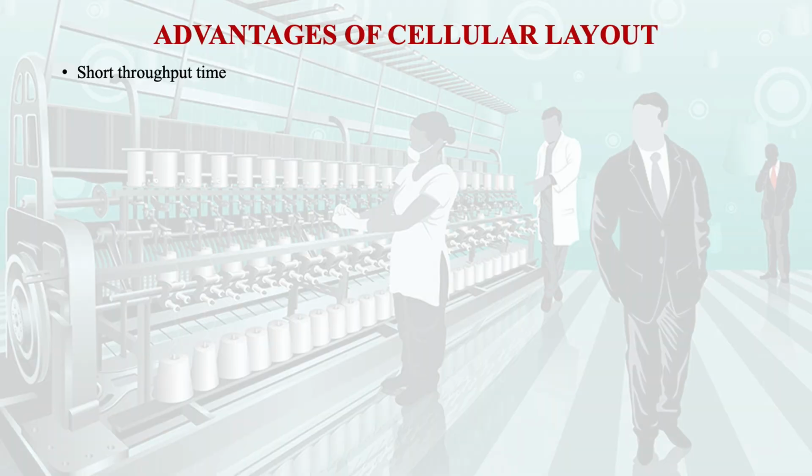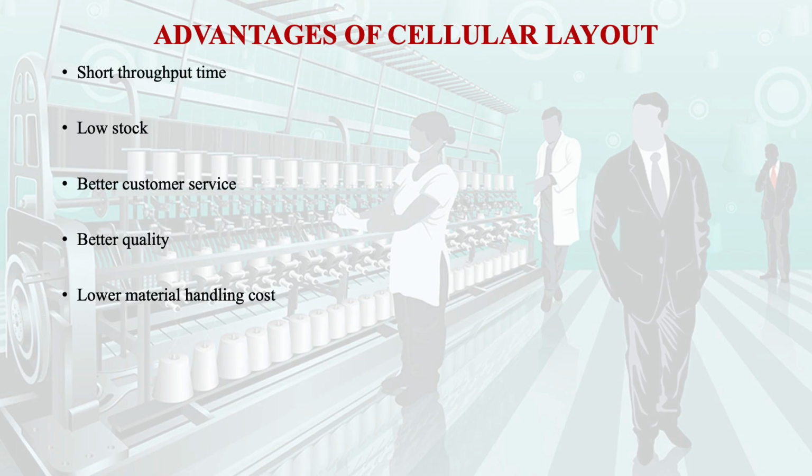We will have the shorter throughput time or the completion time. We have a low stock. We can provide better customer service because our service level is at a higher side. Since we can control the coordination, we can produce better quality with minimization of rework.